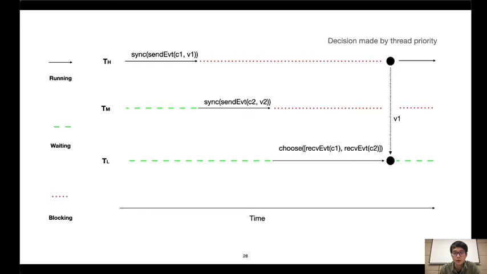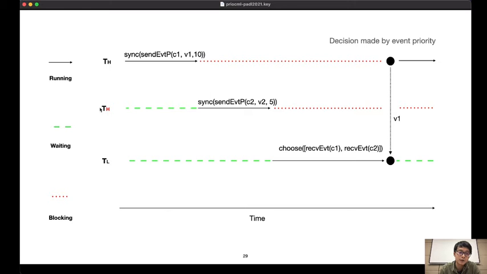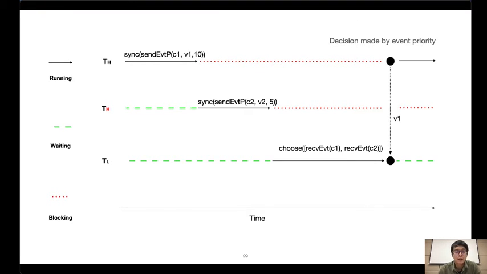And next, let's consider boosting a medium priority thread to high priority. Now, since both threads have the same priority, we want to make the decision by event priority. We have a primitive called send event with priority, and this takes a priority. The priority is an integer. The larger the number is, the higher the priority.